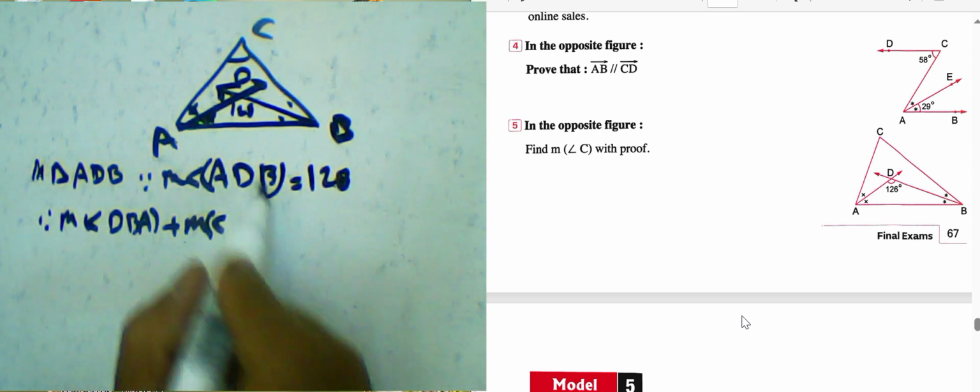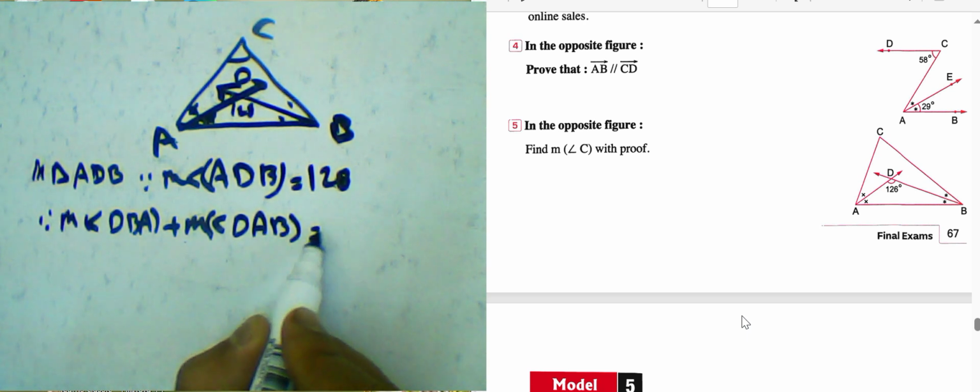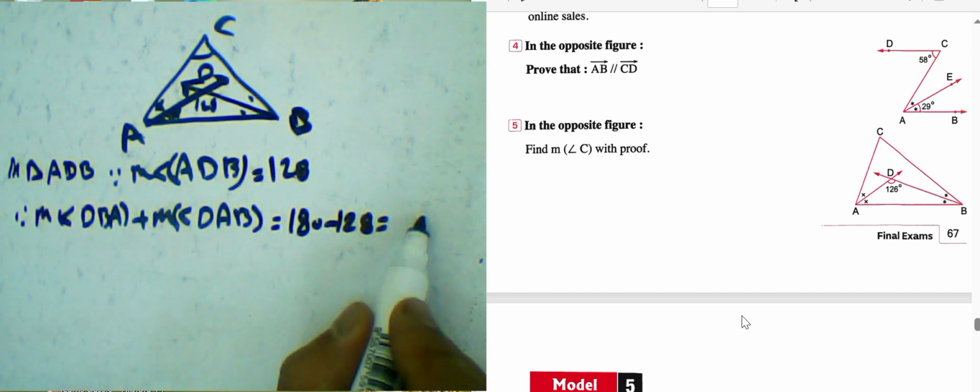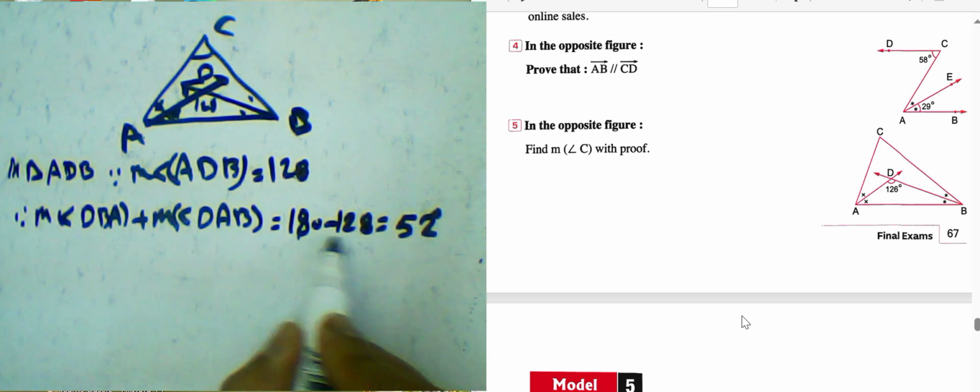First step, in triangle EDB, the measure of angle EDB was equal to 128 degrees. Then the measure of angle DBA plus the measure of angle DAB equals 180 minus 128. 10 minus 8 equals 2, and 7 minus 2 is 5. It will be 52 degrees.